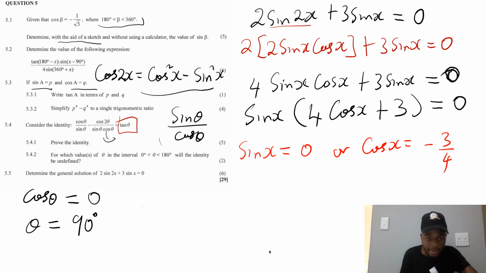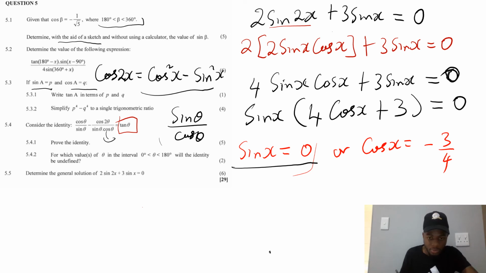Let's focus on this one first. Let me write it with another color so that we can differentiate them. So sine x is equal to 0. If you say shift sine, then you put 0, you're going to be left with 0 degrees. This is a general solution.